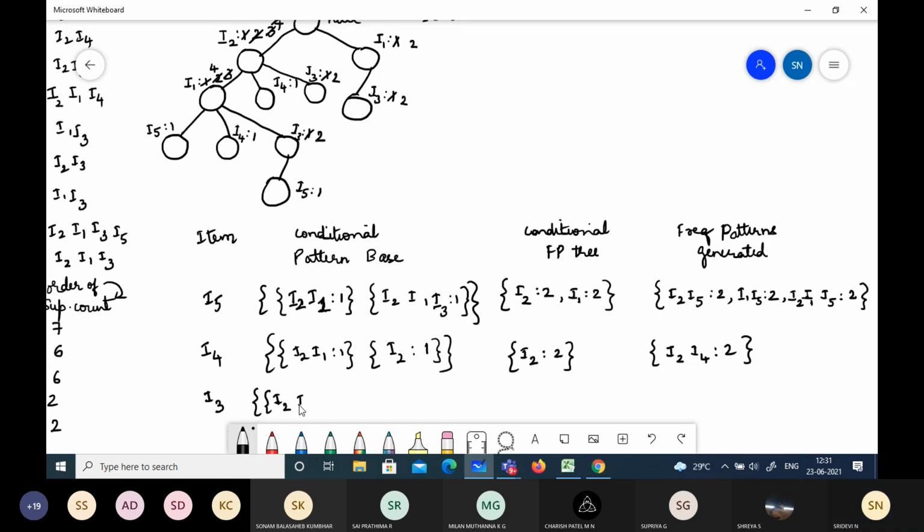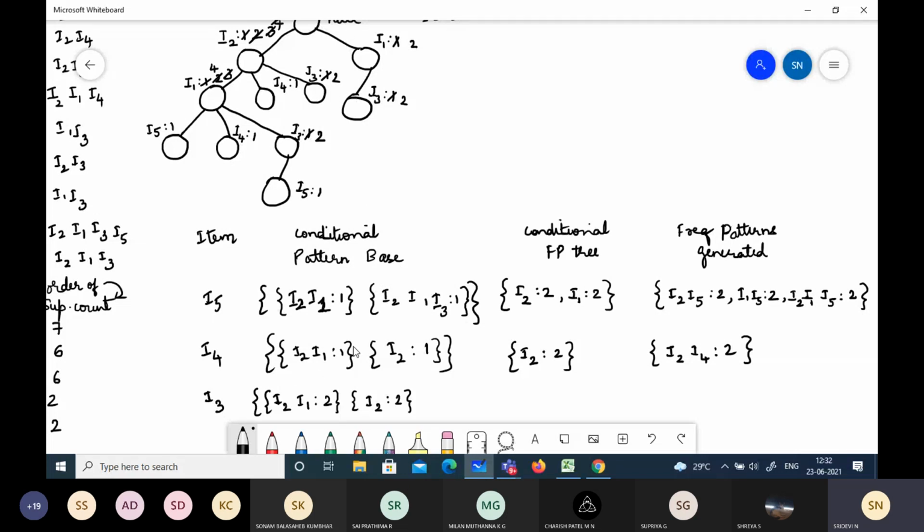This I2, I1, I3 we reached, and its count is 2. And whereas I3 is present, we have it here as well. So I2, count 2. And it's also present in the right subtree.